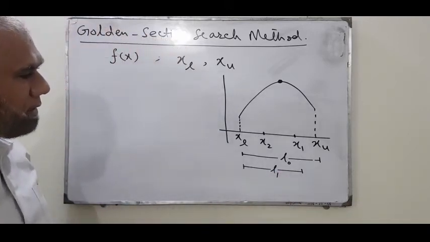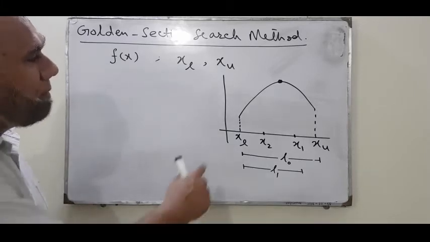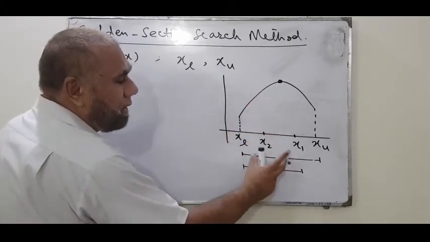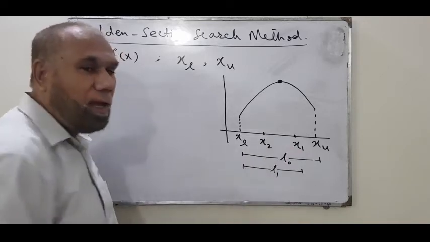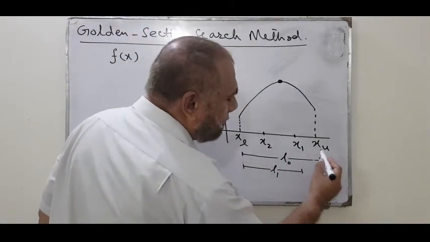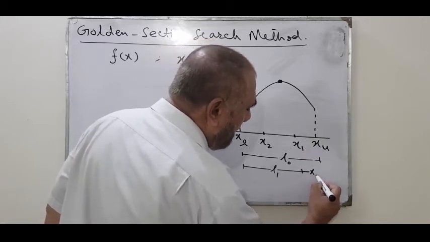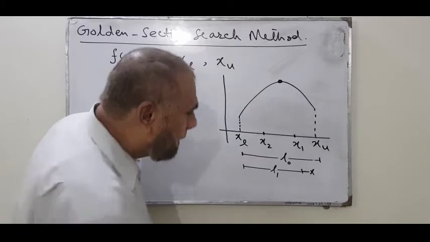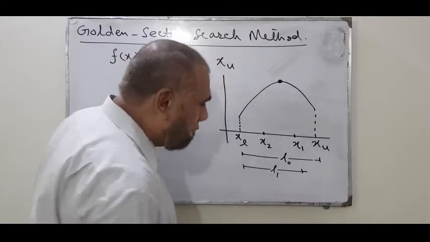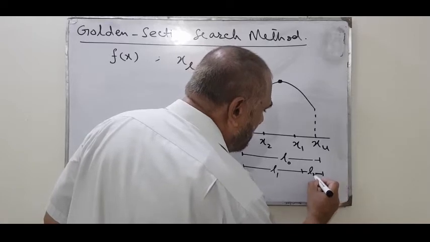So this is the length of the interval L1, showing that the optimal value of the function lies in between the first 3 points xl, x2 and x1. And the remaining interval from x1 to xu we call L2. This is the remaining length of the interval.